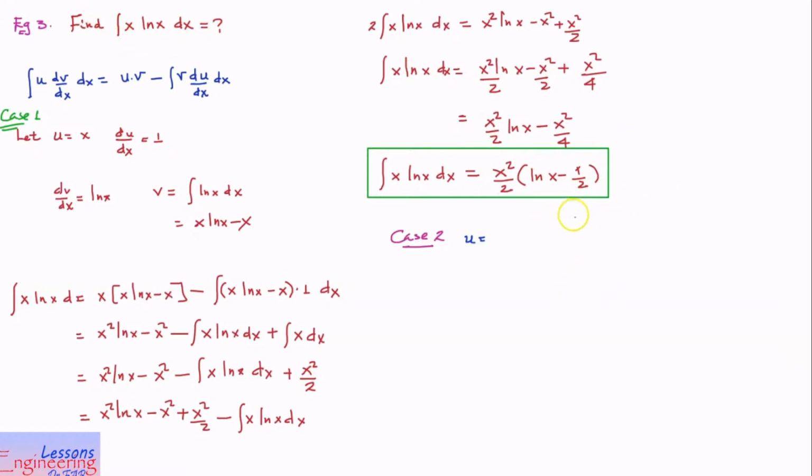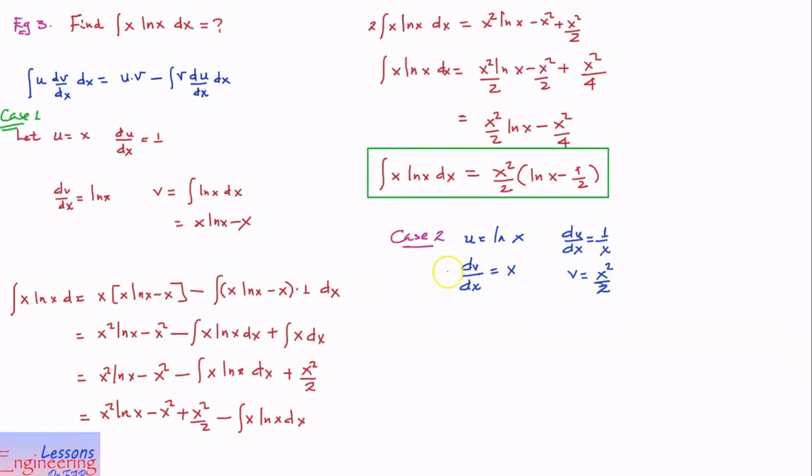So u is ln x and dv by dx is x. So this time du by dx is 1 over x, and from this v should be x squared over 2.